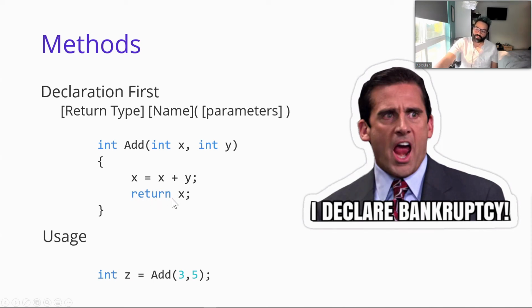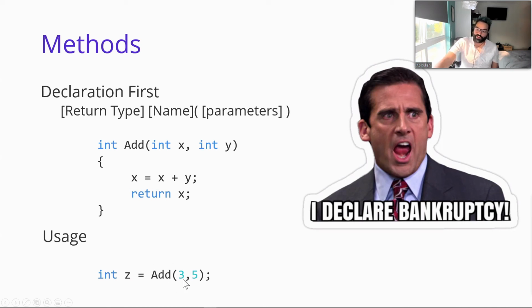Whatever comes after the return statement needs to be the same type as the return type that we added at the beginning of the declaration. So integer, x better be an integer, or else this won't work. It will give you an error. And when we're using the function, all you do is say the name of the function, open up these braces, and put in the two values that you want to pass.